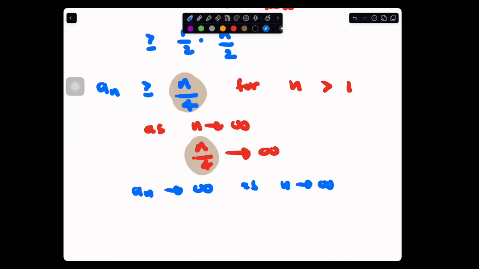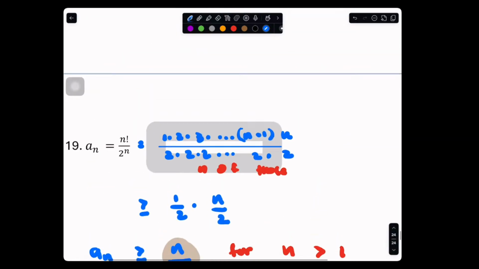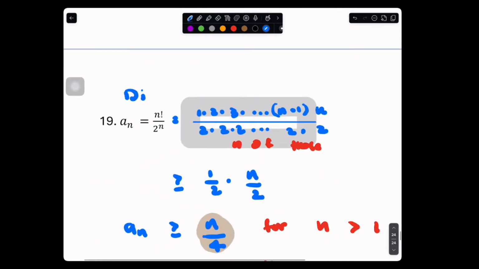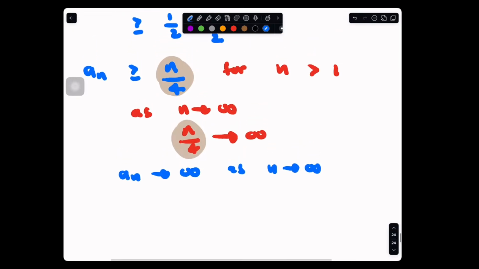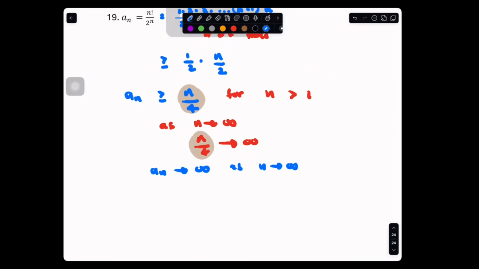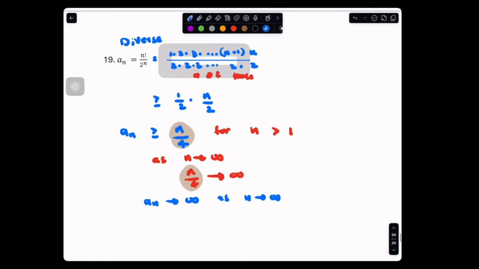So we have the sequence diverging here. So this sequence will diverge. So the smaller sequence gets big without bound. That implies that the larger sequence gets big. And that larger sequence is a_n. Got divergence.